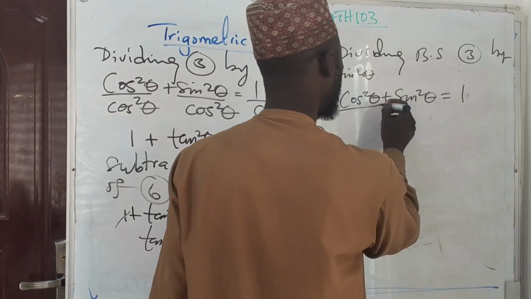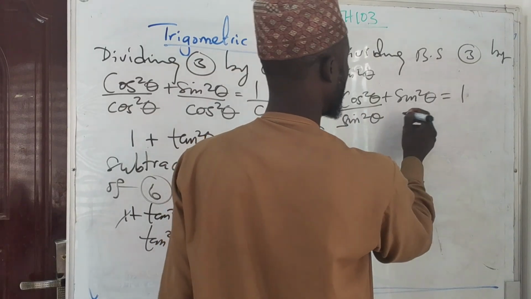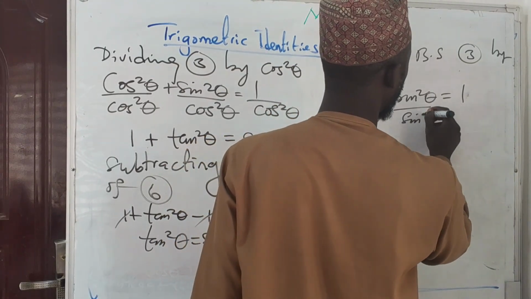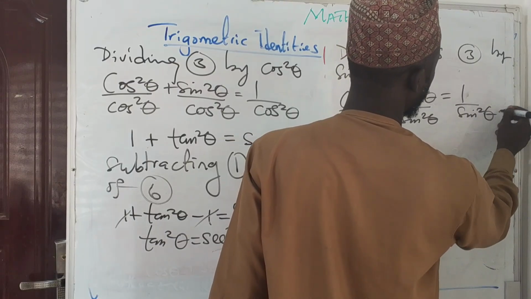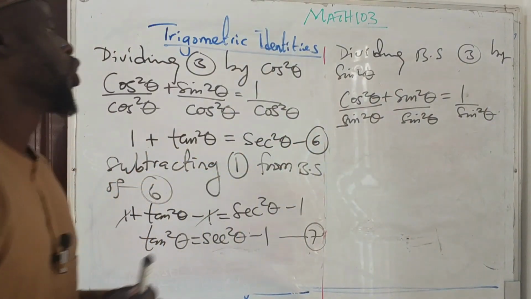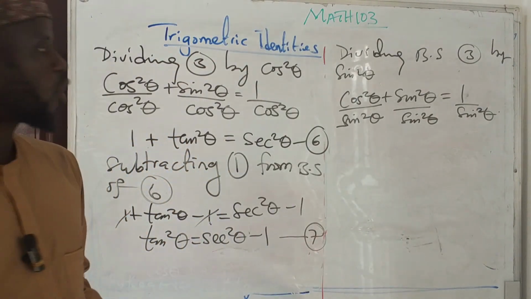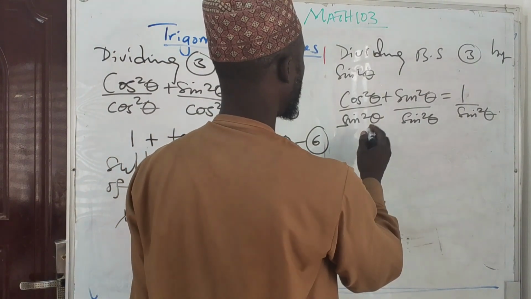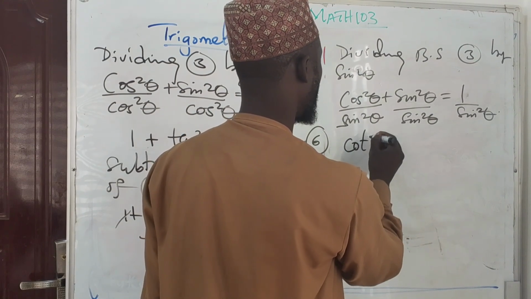Dividing each term by sine squared theta, what do we have? Cos squared theta over sine squared theta is cot squared theta.